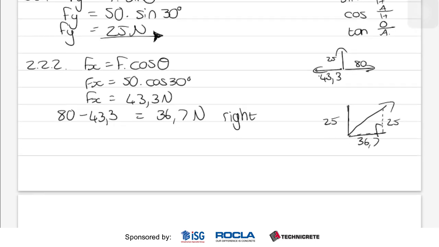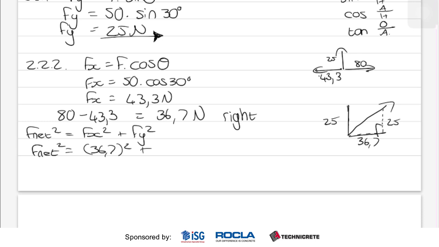So our hypotenuse squared, which would be our Fnet squared, would be equal to our x component squared plus our y component squared. So our Fnet squared would be equal to Fx squared, which is our 36,7 squared, plus our Fy squared, which would be 25 squared.